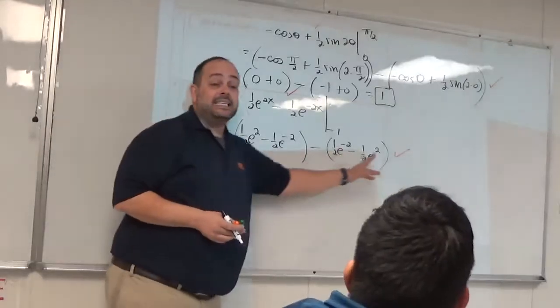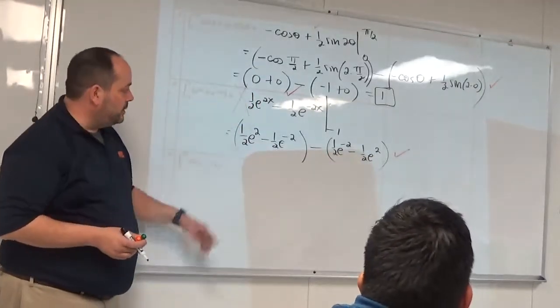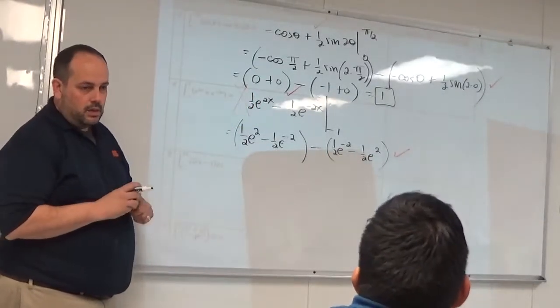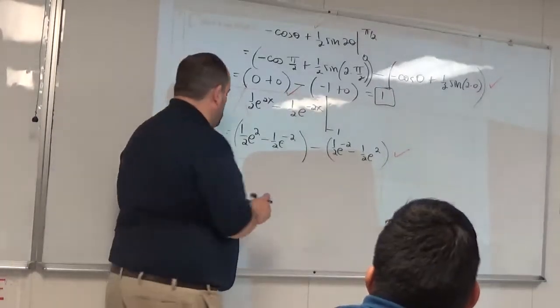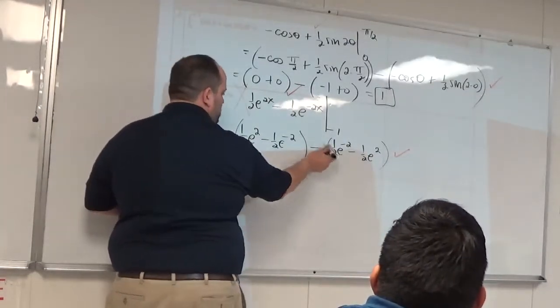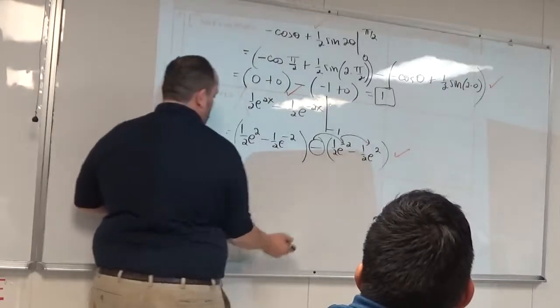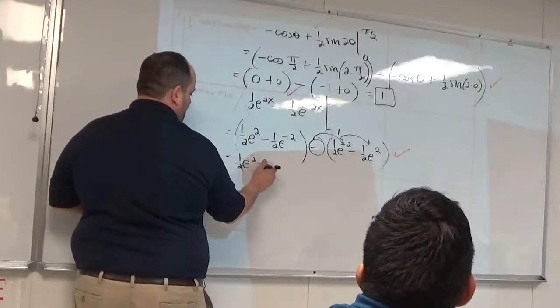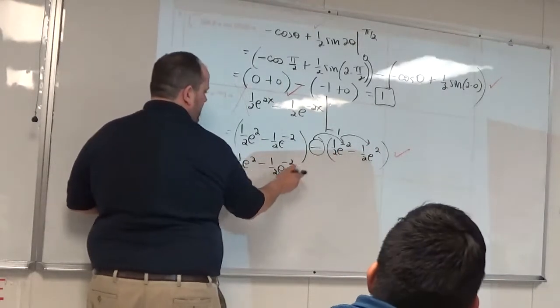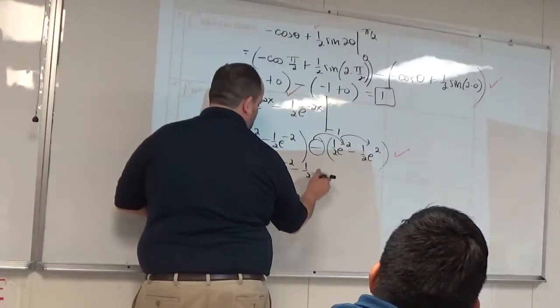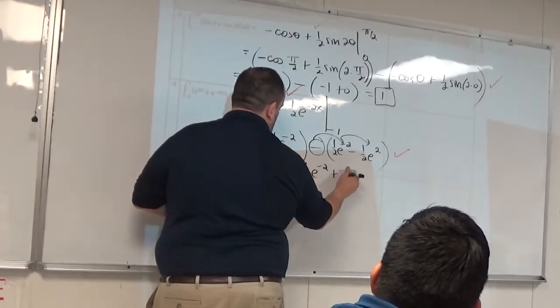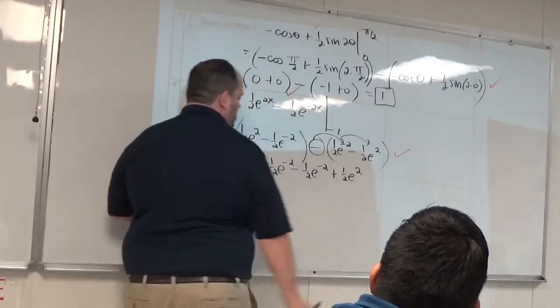I'm just looking to clean this up a little bit. Gonzalo, what do you see? I was gonna distribute that negative and then I think that cancels everything out. Alright, so you're saying you want to take this negative and distribute? Yeah. That's okay. 1/2 e squared minus a half e to the negative 2 minus a half e to the negative 2 plus a half e squared.